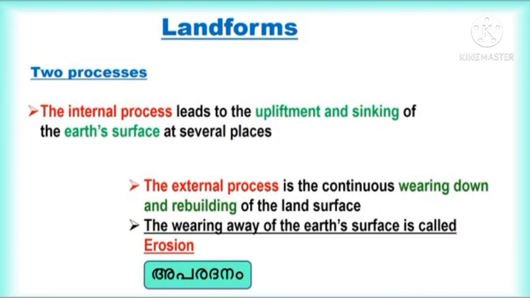And the external process means the continuous wearing down and rebuilding of the land surface. How is it wearing down? The wearing away of the earth's surface is called erosion. How is erosion happening? Because of wind, water, and ice sheets, this movement is happening, and because of that process the wearing away, the erosion, is happening.